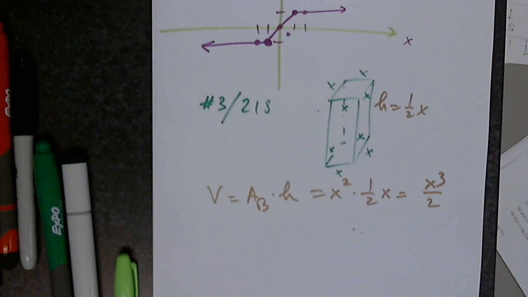The area of the base is x times x, which is x squared, because that's the area of a square, multiplied by the height, which is 1/2 times x, which makes it x cubed over 2. Because it is a square, length and width are the same, x squared, correct? The area of a square is x times x, which is x squared.